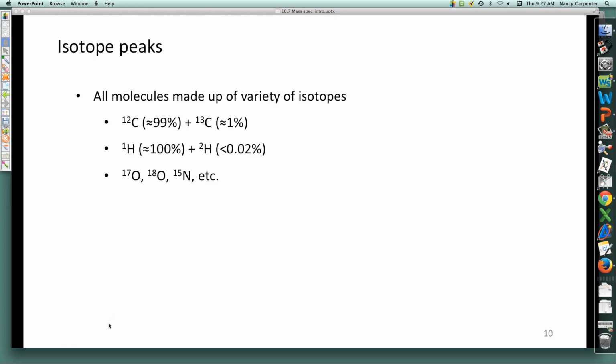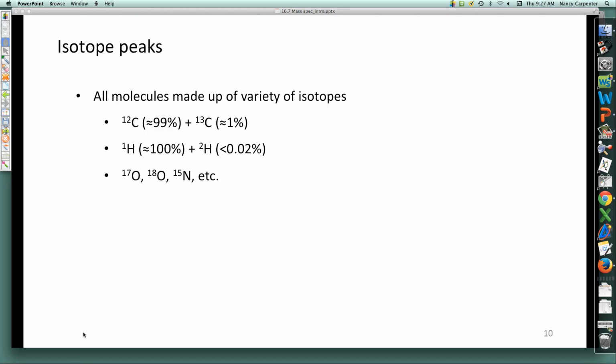So, what's the deal with these isotope peaks? Well, it's a simple fact that molecules are made up of all kinds of atoms, and atoms exist as isotopes. You know, we're in organic chemistry, so 99% of our samples are going to have C12 in them. But they also have a small proportion of C13.